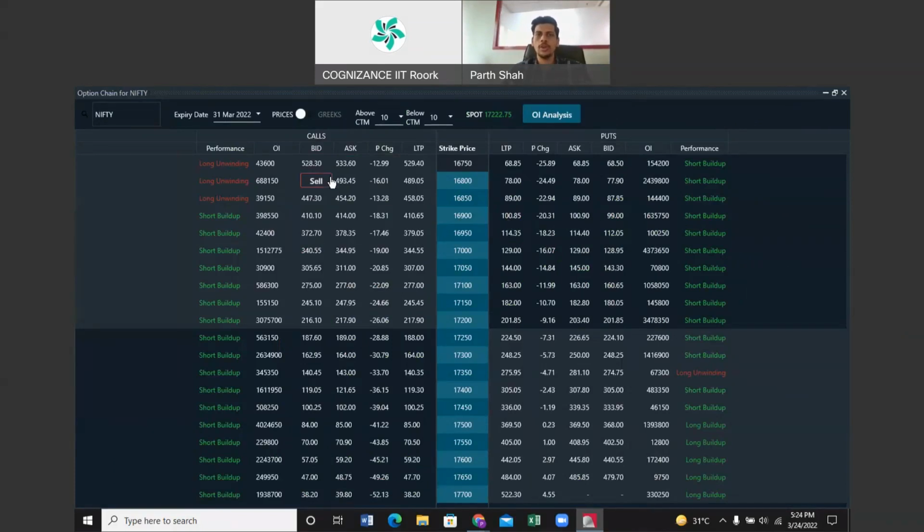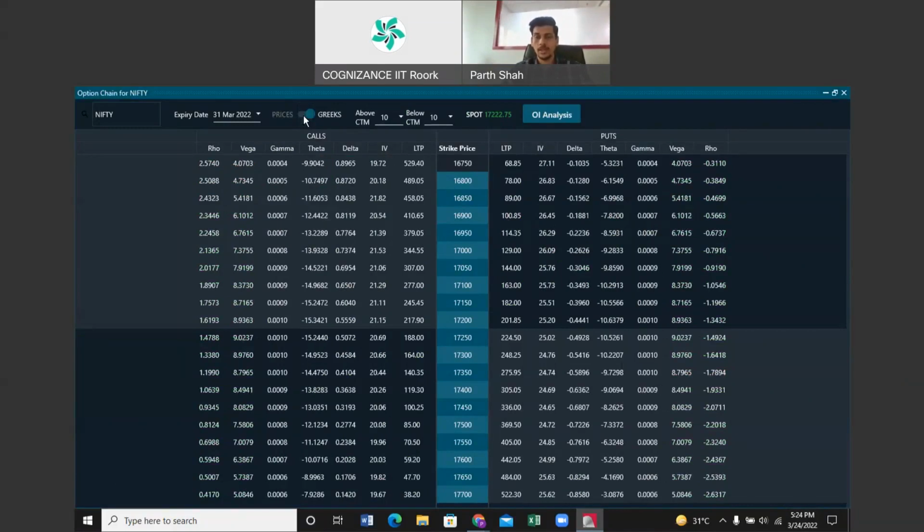Then you have all the open interest related data, bid, ask, price change, LTP, everything. And you can see the option Greeks as well. That is the greatest part, and that also in real time. So very few brokers in the industry provide this particular data with the OI analysis, that too on the chart.